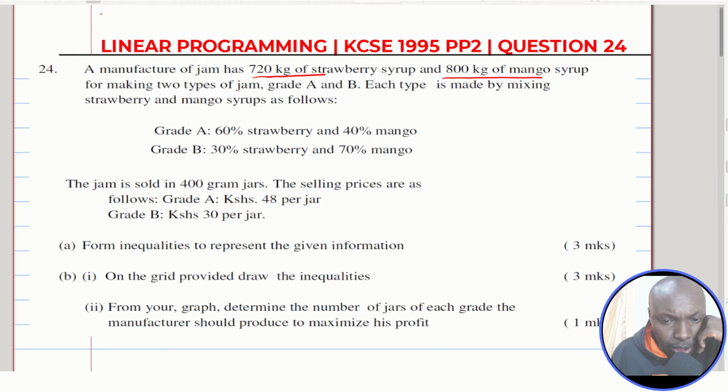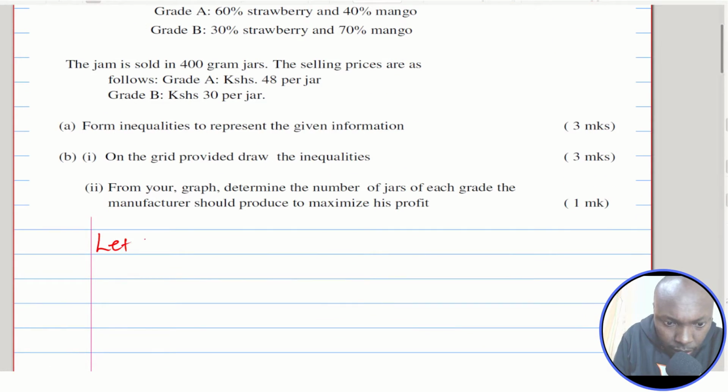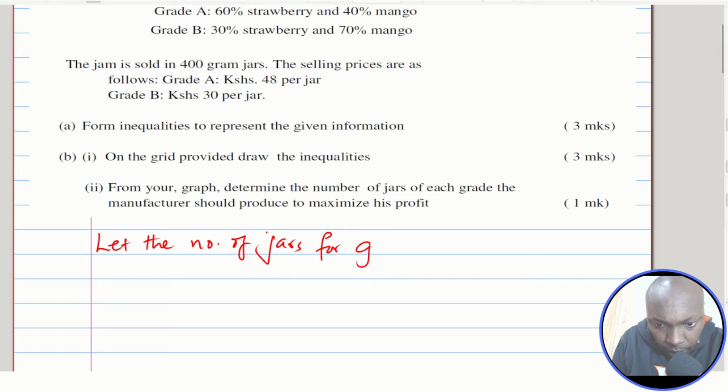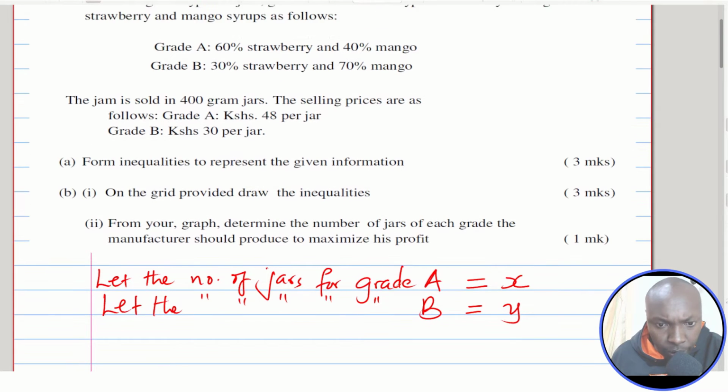Now the first thing, since we're dealing with the number of jars, is to let the number of jars for grade A be represented by X. And we can let the number of jars for grade B be represented by letter Y. The other thing we need to highlight is that the jam is sold in 400 gram jars.